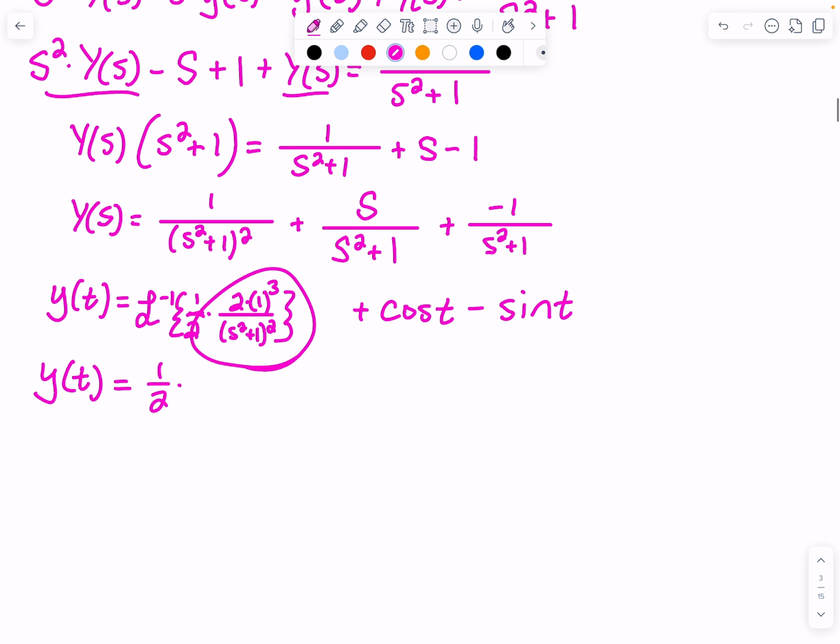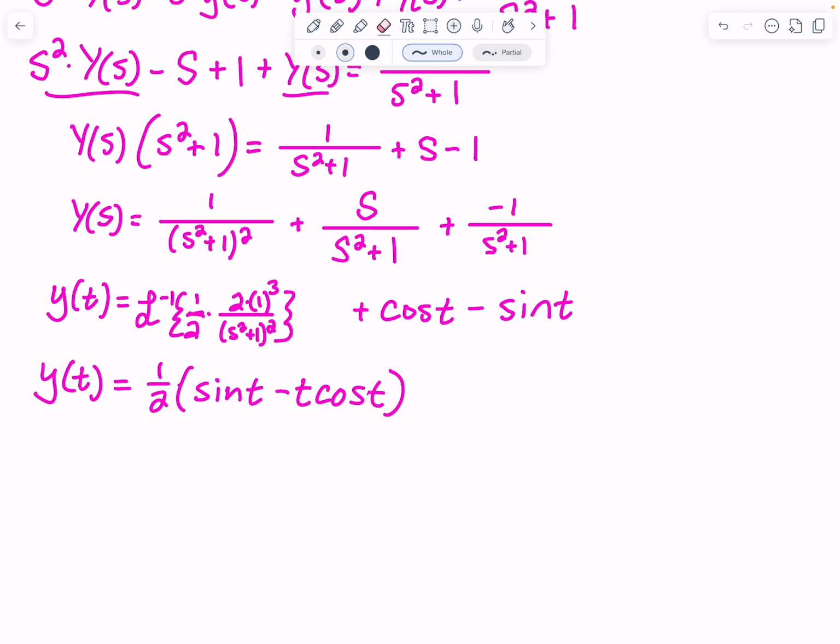Okay, so we're going to get 1/2 times sine of t minus t cosine of t. k was 1. All you gotta do is go back and look at that rule, write it down, and you can see that that's what it ended up being. Right? Then we get plus cosine of t minus sine of t. And that is our answer.